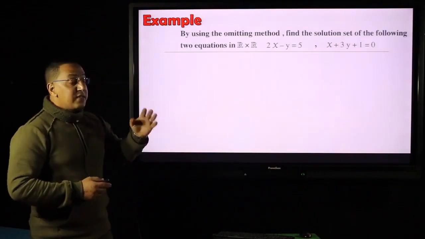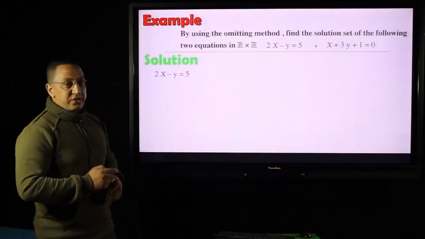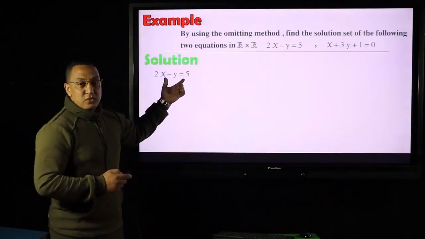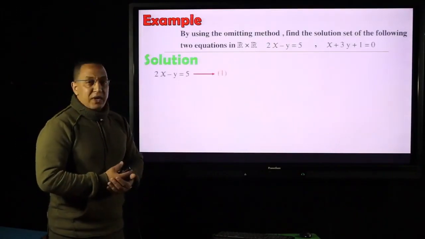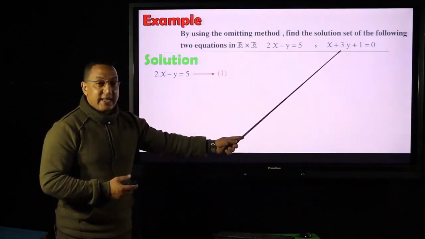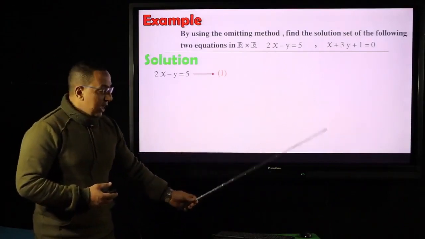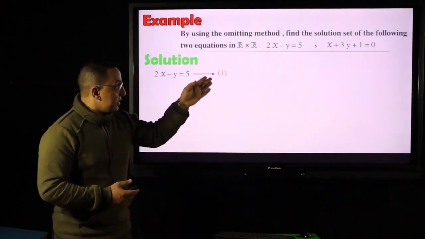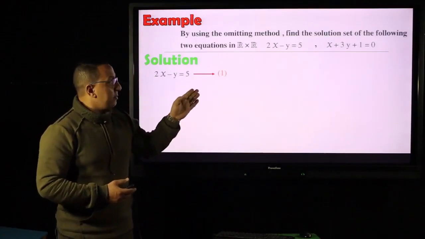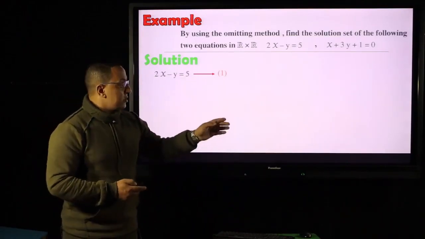Okay, first I'm going to write the first equation like this without change, and I'm going to call this equation number 1. Now I'm going to organize the second equation to look like the first equation. How? I'm going to write x below x, y below y, equal below equal, and the number below the number.